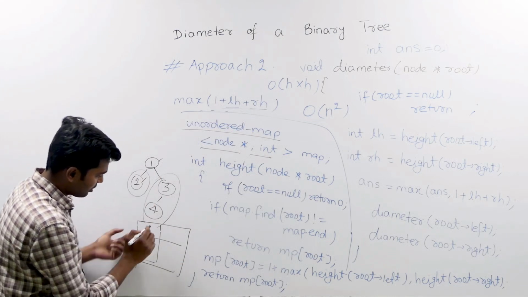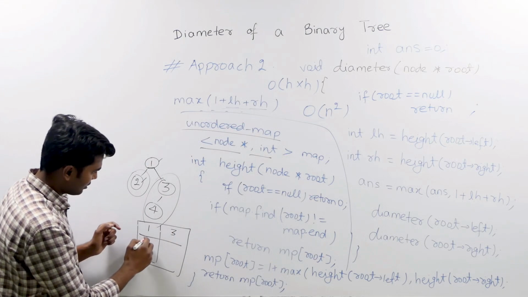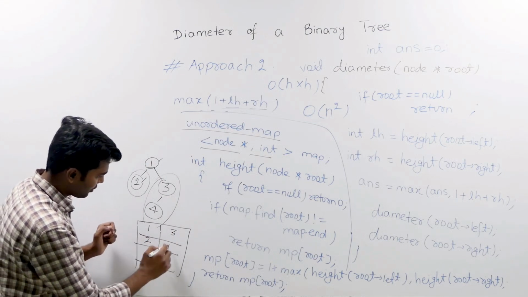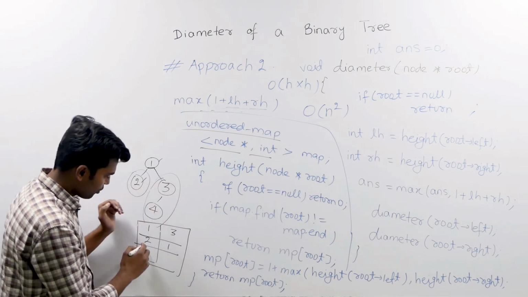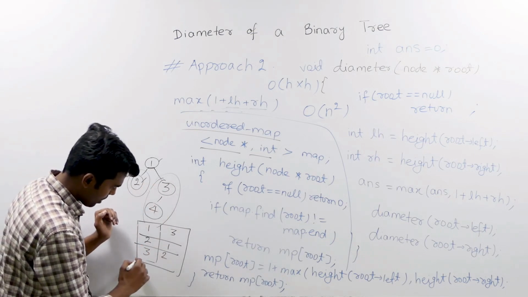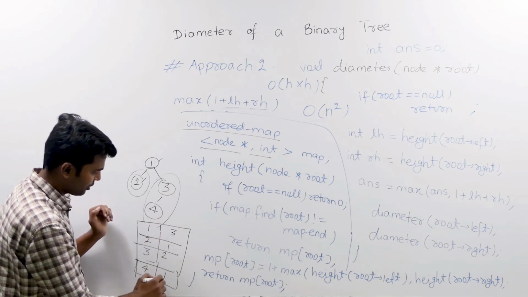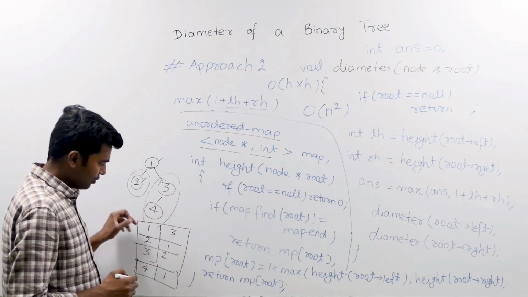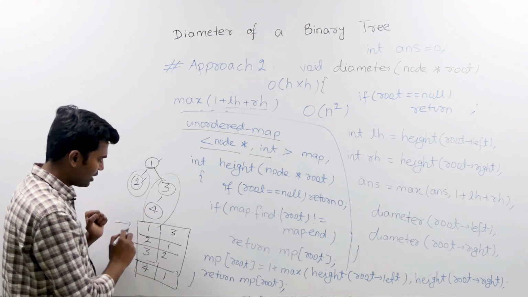So this is the pointer to node 1 and its height is 3, this is the pointer to node 2 and its height is 1, and this is the pointer to node 3 and the height is 2. Similarly for this node the height would be 1.